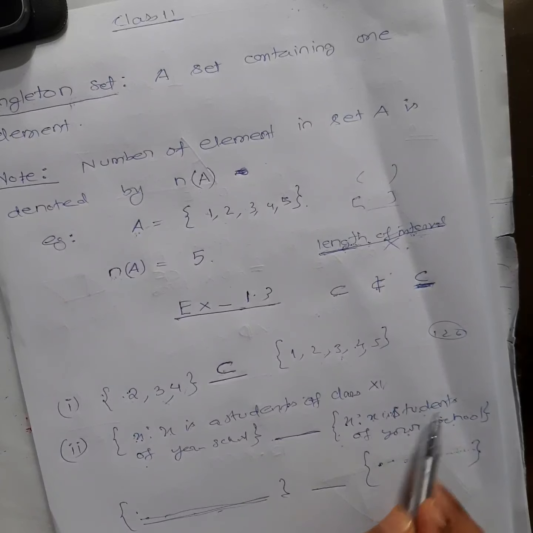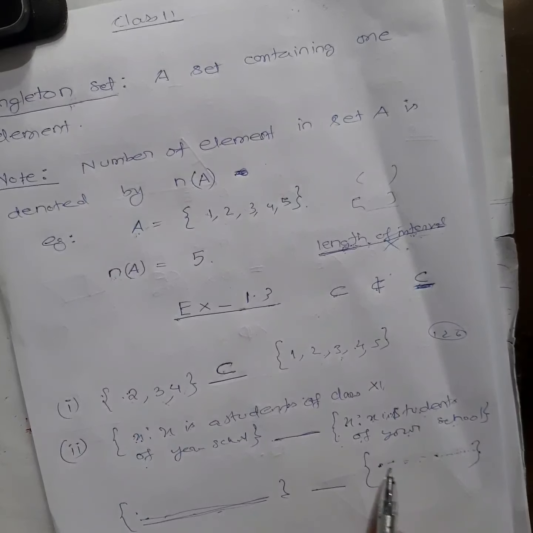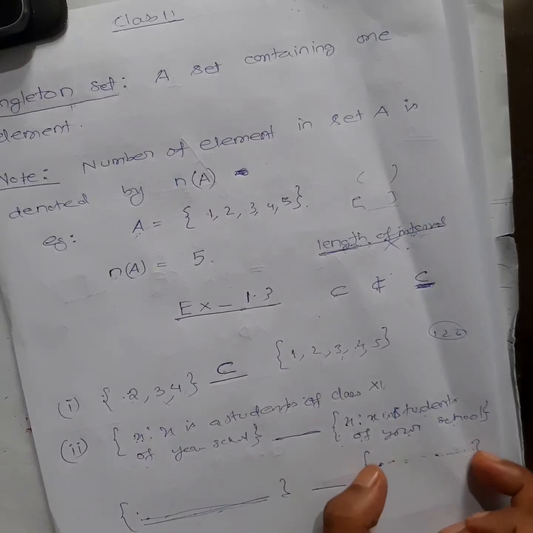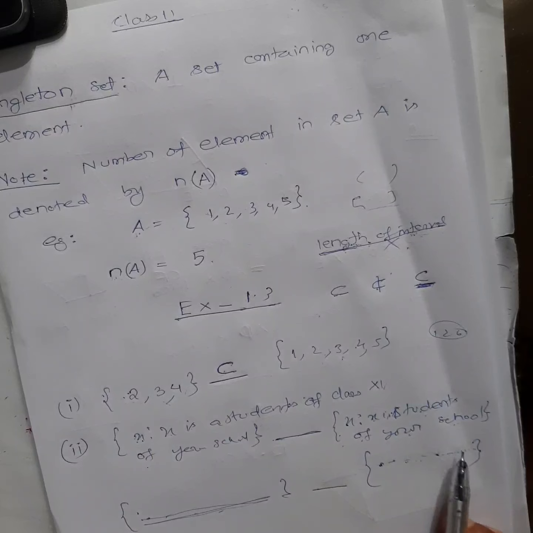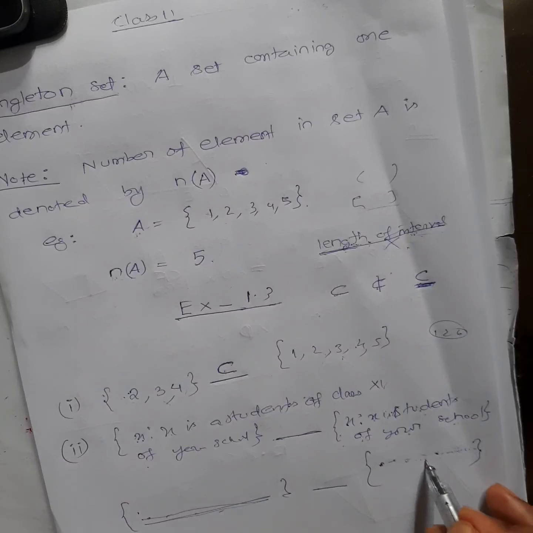X is a student of your school. Student of your school means all students from your school will be there in this set. So nursery to class 12, all the students will be included in this set, right? But in this set only class 11 students. So class 11 students are there in this set also.